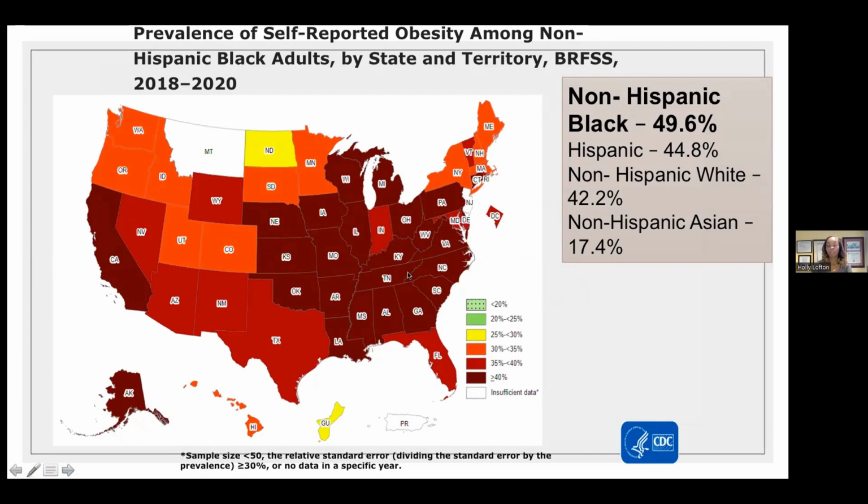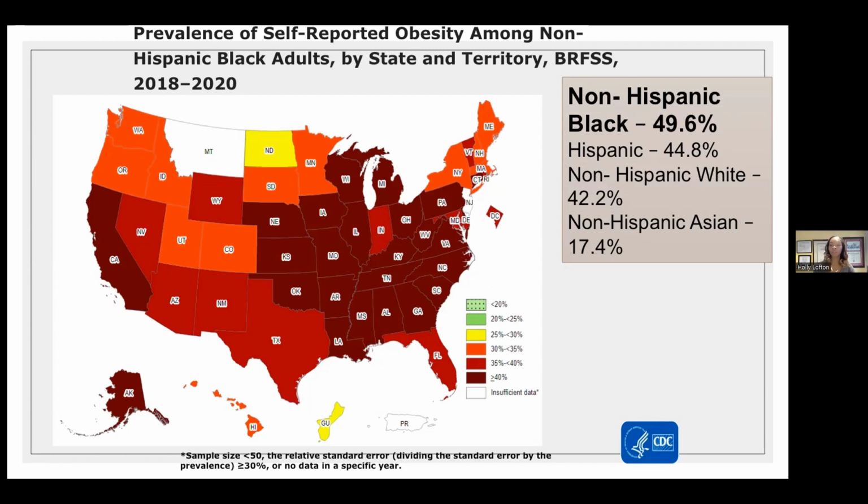And if we were looking at this graph a few years ago, say 2016, there were actually some states that had this green dotted pattern, where there was less than 20% or less than 25%. But now we have no states that have less than 20% obesity. This epidemic is increasing, and it's affecting not only our medical aspect of health, but also the economic effects of obesity as a disease.